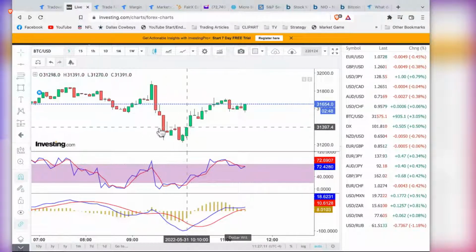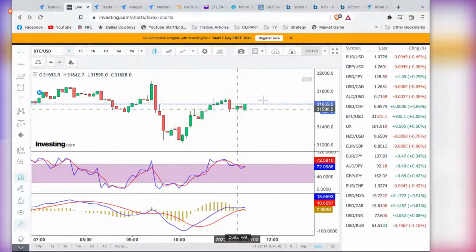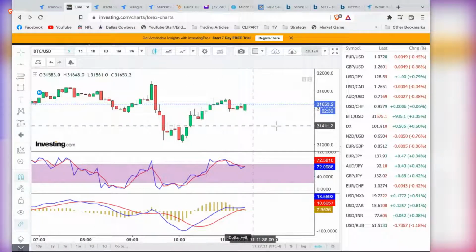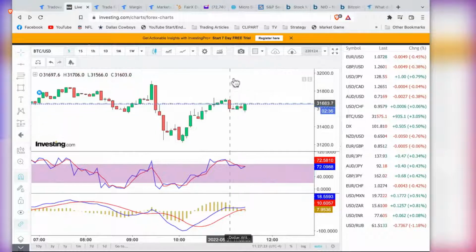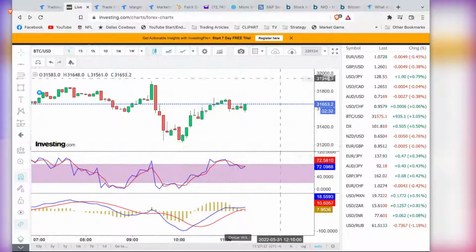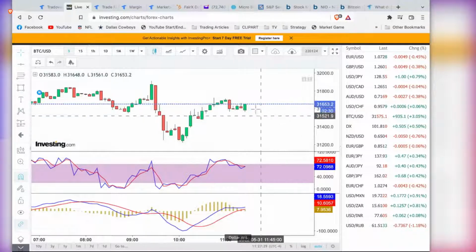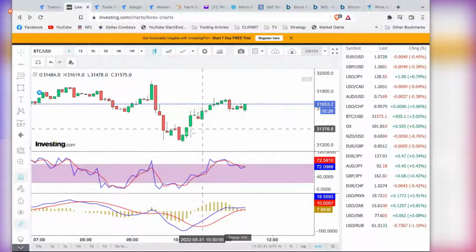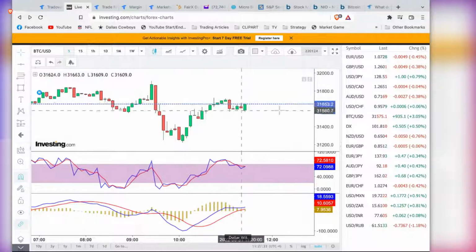31,250. 31,220. This is the low. Okay. I'm looking at there's like a zigzag pattern that I'm looking for, and I thought it would have happened here. It looks like it's happening now.